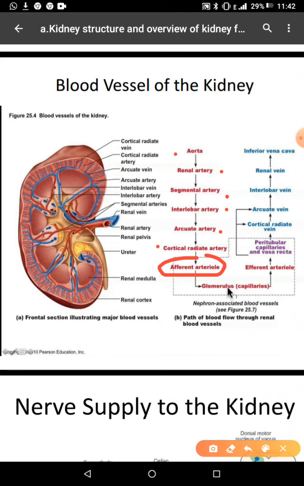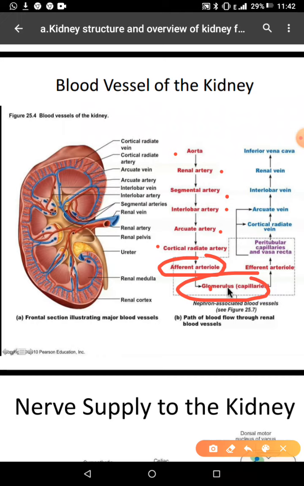So from the afferent arterioles into what we call the glomerulus, which are found within the Bowman's capsule. There are tiny capillaries within the Bowman's capsule, which are called glomerulus. Okay. So around the glomerulus, we know that capillaries, that's where there's exchange of materials. At any capillary bed, there's exchange of materials.